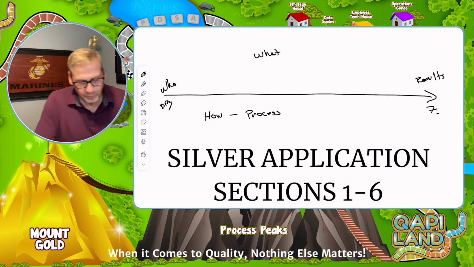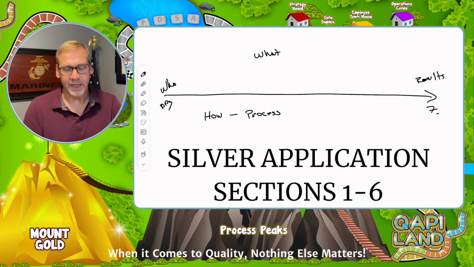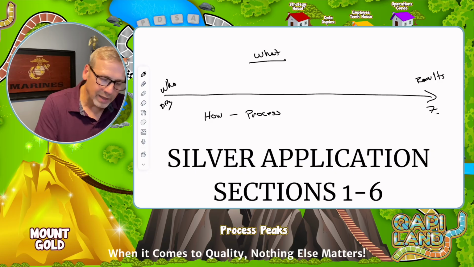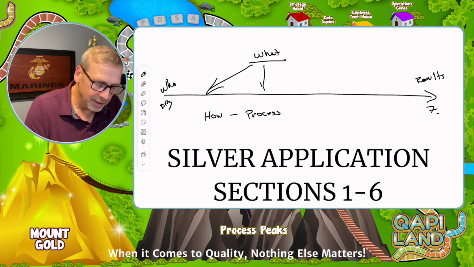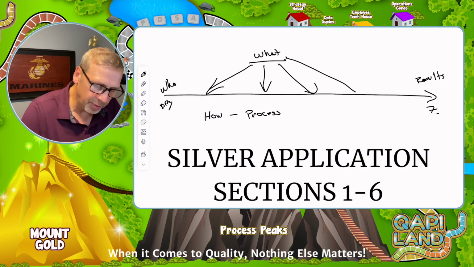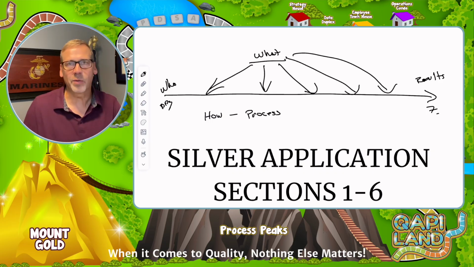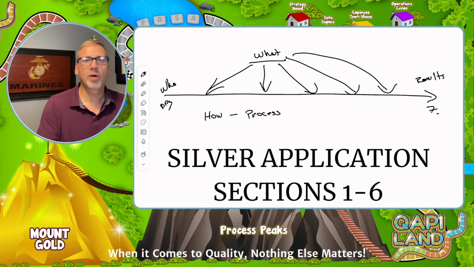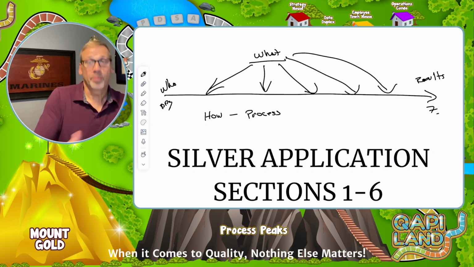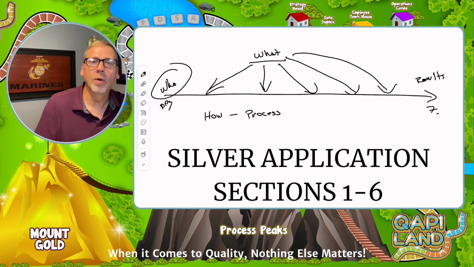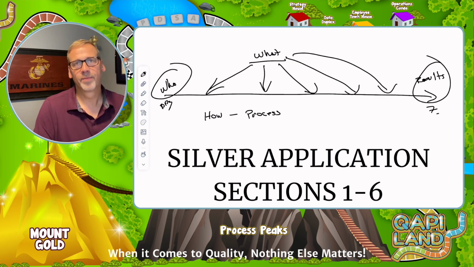What I'm trying to demonstrate here is that the what questions are going to feed the how questions, the process questions. There are going to be 12 process questions, and it's all going to be focused on what are you doing, how are you doing it, what are you doing for who, and what is the result?